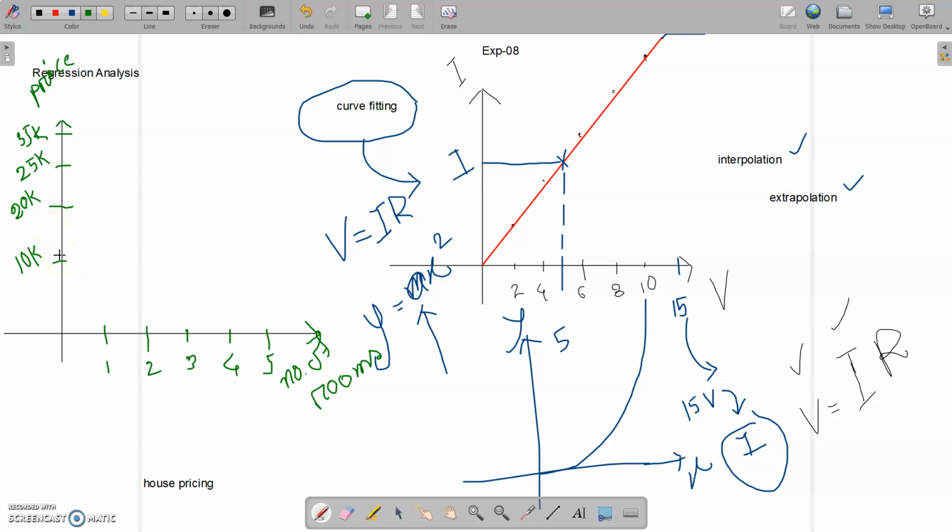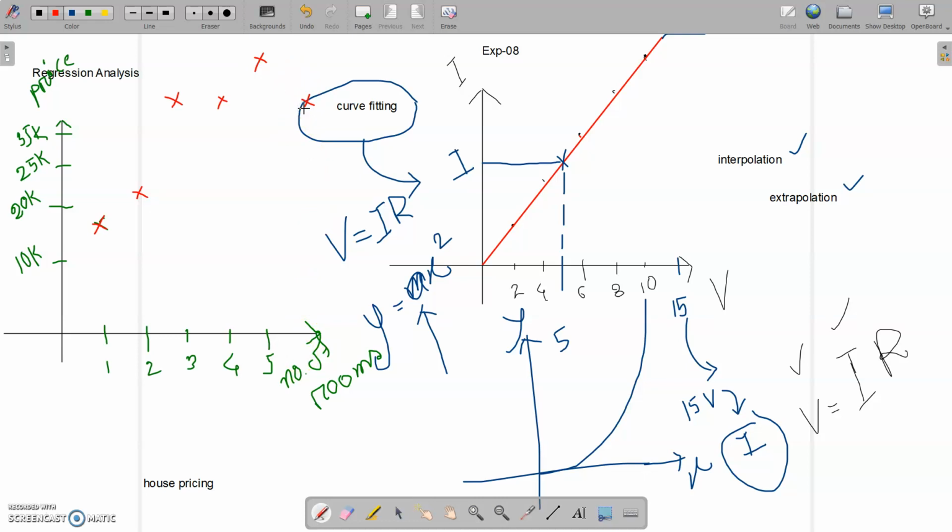Say for example, you find a house with one room for around 15,000, for 2 rooms around 20,000. For 3 bedrooms, suddenly the price is very high. For 4 bedrooms, it is a little bit lower. For 5 bedrooms, it is again high. For 6 bedrooms, it is comparatively a little bit lower.